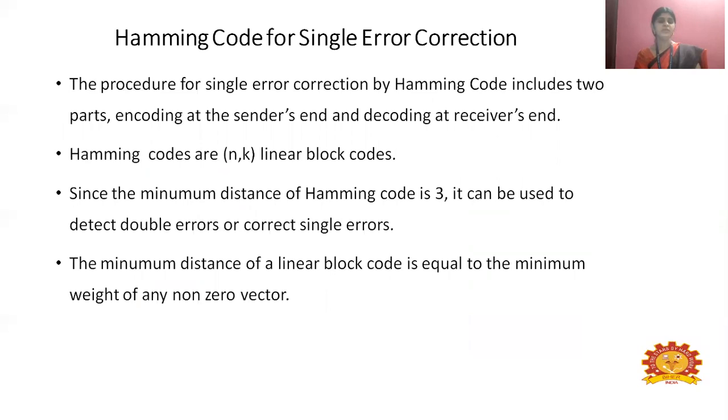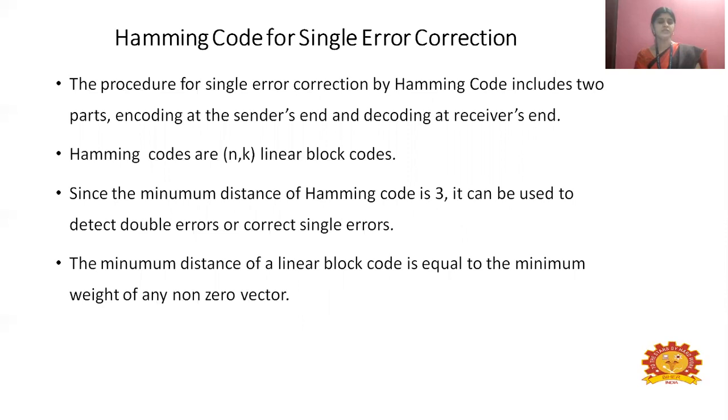Since the minimum Hamming distance of the Hamming code is 3, it can be used to detect double errors or correct single errors. The minimum distance of a linear block code is equal to the minimum weight of any non-zero vector.